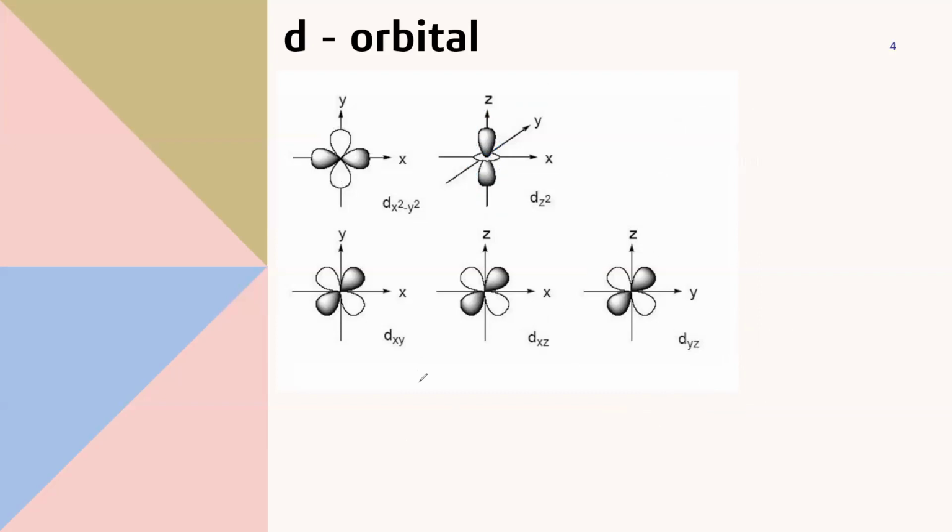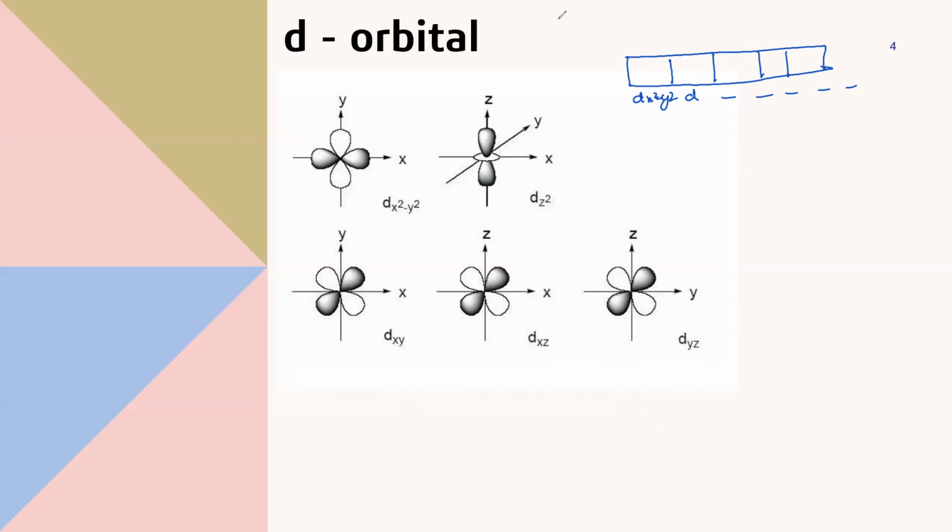So every time, as usual, you won't be able to draw these diagrams. So what to do? They are 5. So make a big box, divide it into 5 parts, and name them. You can name them dx square minus y square and so on. Again, the small box can accommodate 2 electrons.